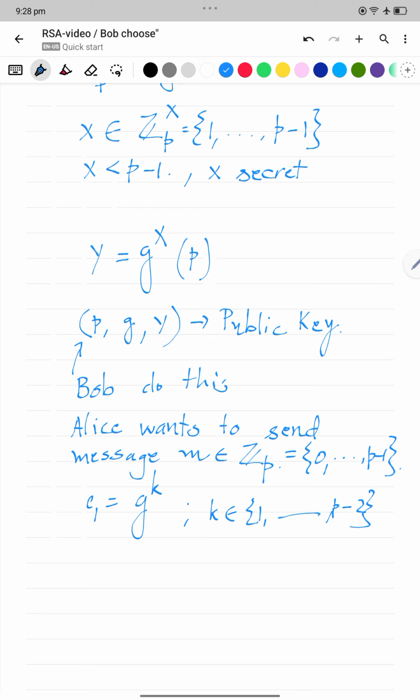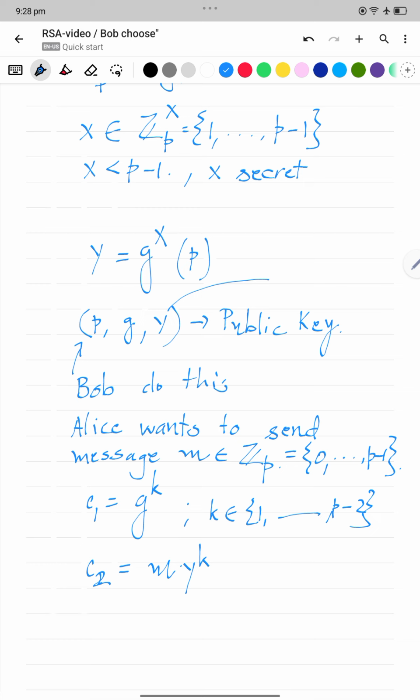After choosing, she raises G to K and gets C1. Also she computes C2: the message times the published Y, so M times Y to the power K.